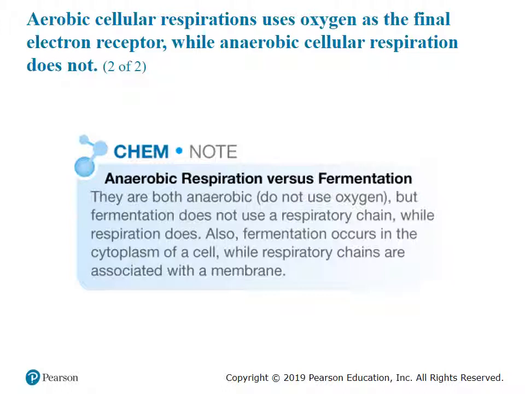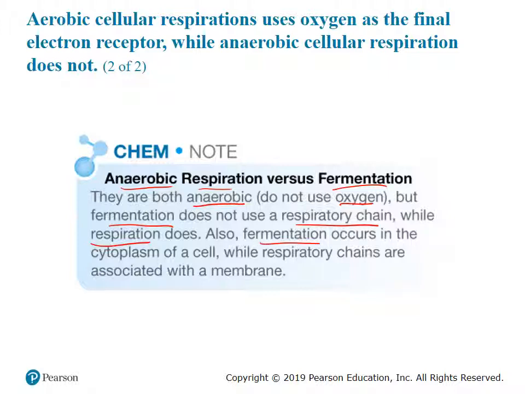Okay, so just a little note here. Aerobic respiration versus fermentation. We haven't talked about fermentation, but both are anaerobic. They don't use oxygen, all right? Fermentation doesn't use the respiratory chain. Obviously, it doesn't go all the way to an electron transport chain. Respiration does. Cellular respiration does.